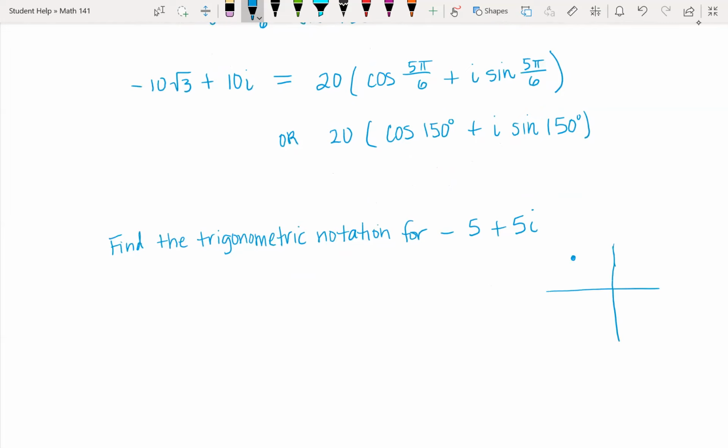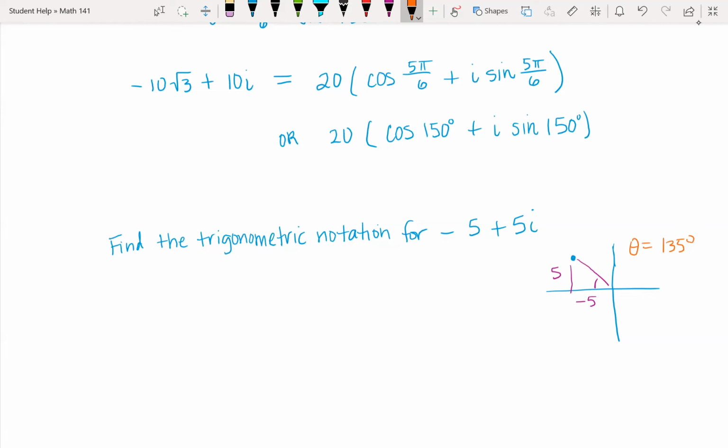So my point is going to be here. I know that this distance is going to be -5 and this distance is going to be 5. I'm thinking that just based on the picture that I've drawn, this is going to be a 45-degree angle, right? So I'm kind of thinking that theta is going to be 135 degrees just based on the picture that I've drawn, but let's use the formulas to verify for ourselves.